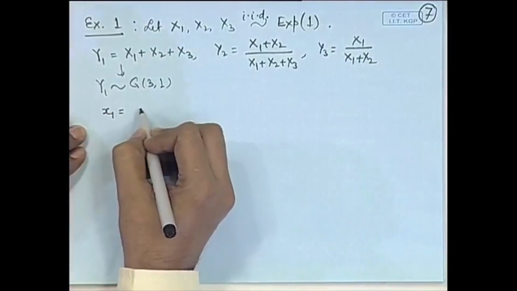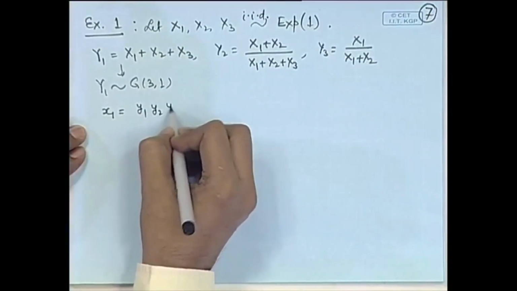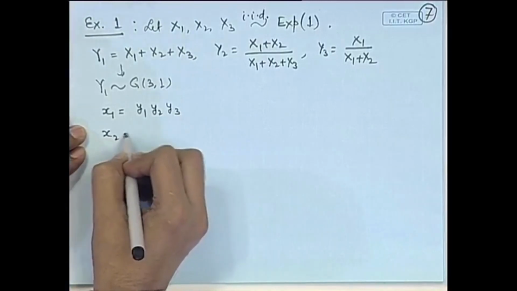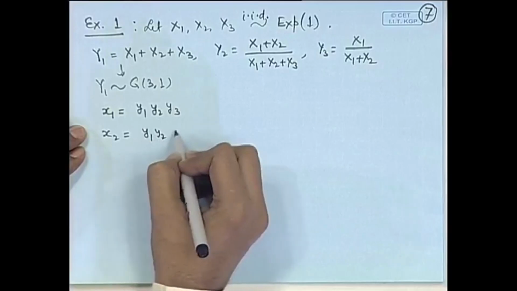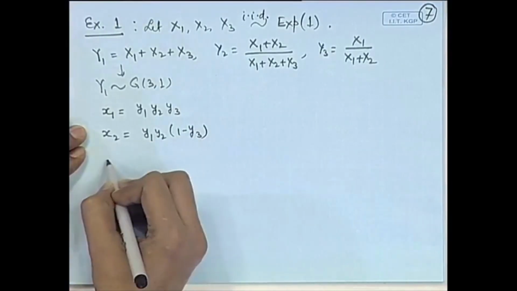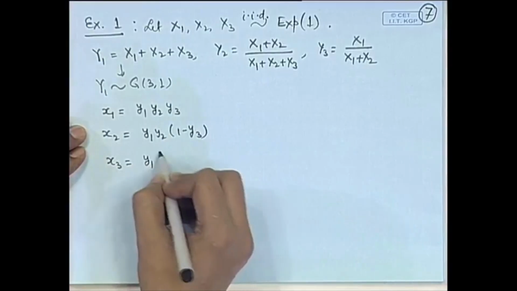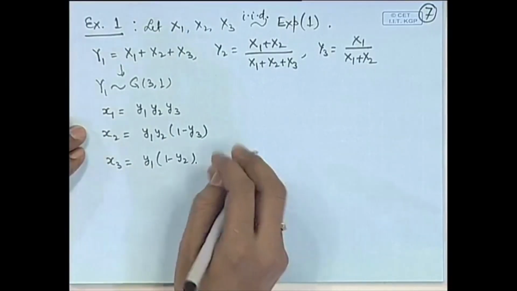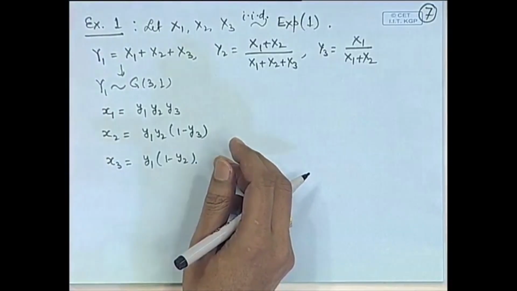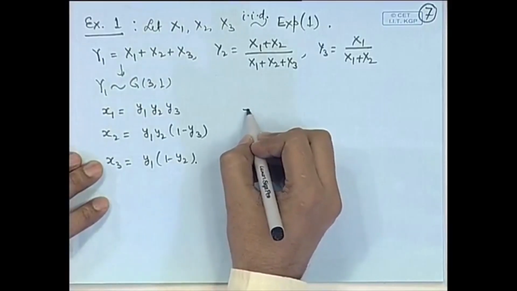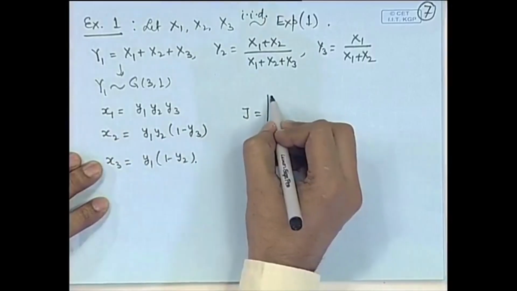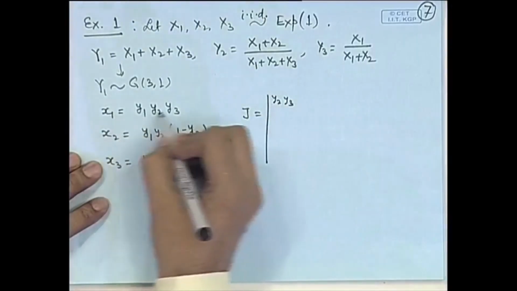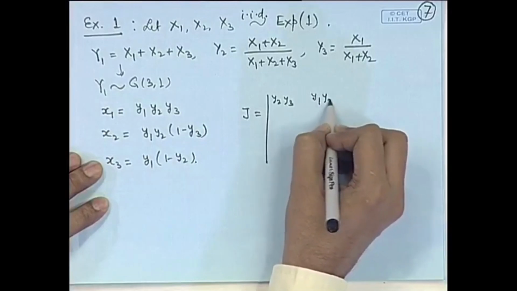x1 = y1 y2 y3, x2 = y1 y2 (1 - y3), and x3 = y1 (1 - y2). So, we can determine the Jacobian of the transformation. ∂x1/∂y1 is y2 y3, ∂x1/∂y2 is y1 y3, and so on.